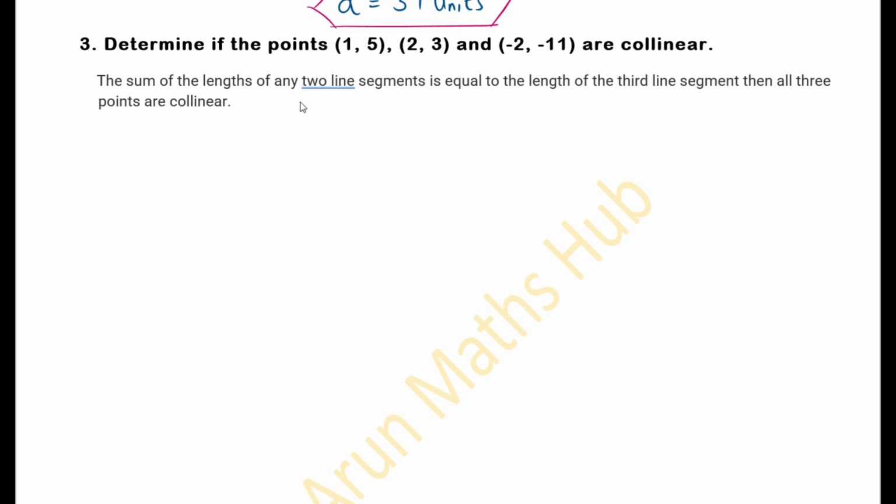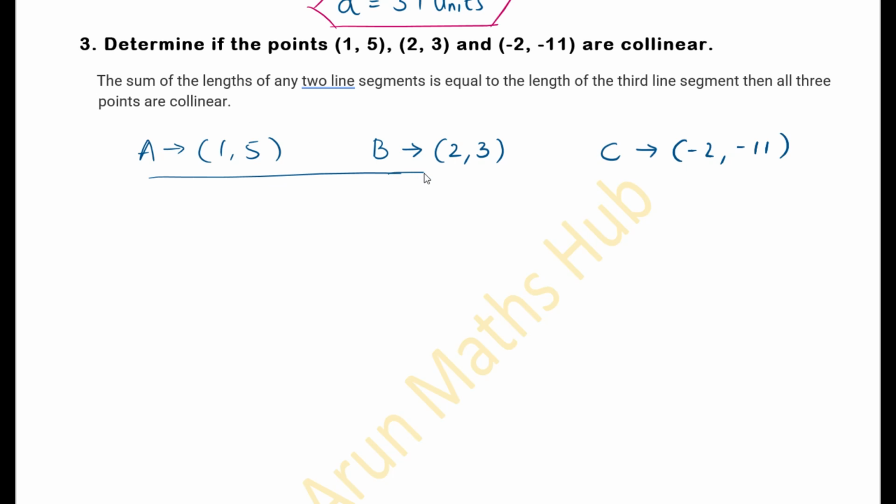That means if these 3 points, consider point A as (1, 5), point B as (2, 3) and point C as (-2, -11). Now, if all these points lie on the same line segment, we can say that the points are collinear. How to prove?